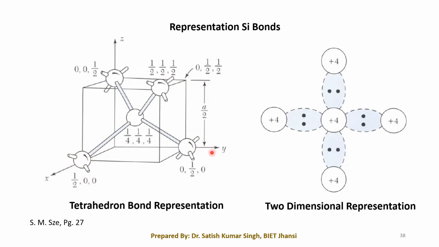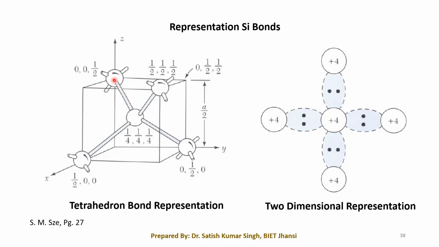Fine. So now basically what we have to see is, you can see we have this center silicon located at the middle of this particular cube. Okay, and then one silicon atom is connected in this way.